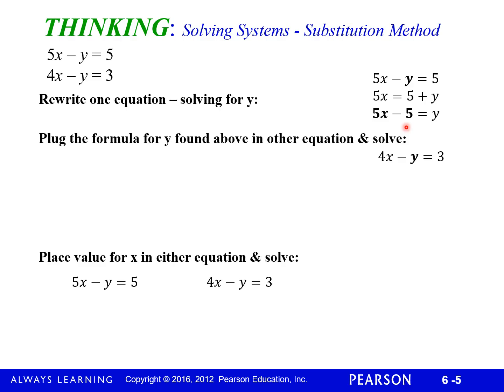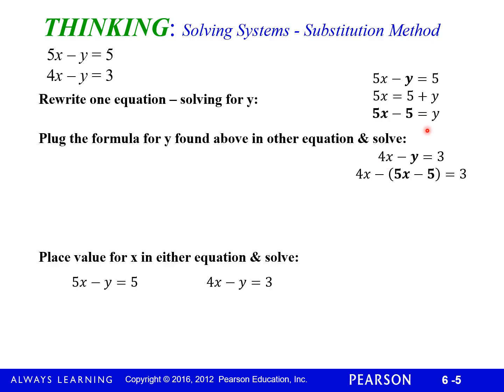The second step is to plug in the formula 5x minus 5 wherever I see y in the other equation. We know the other equation is 4x minus y, but we know that y equals 5x minus 5, so we plug in this part of the formula in parentheses, and then we simplify.